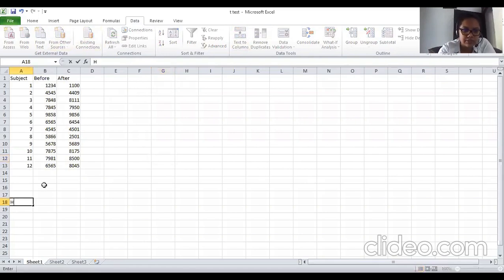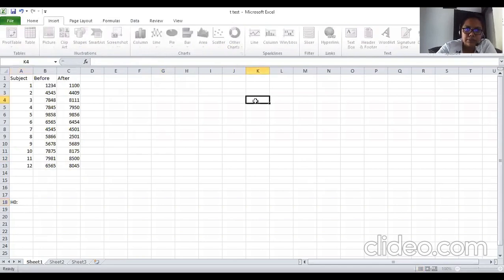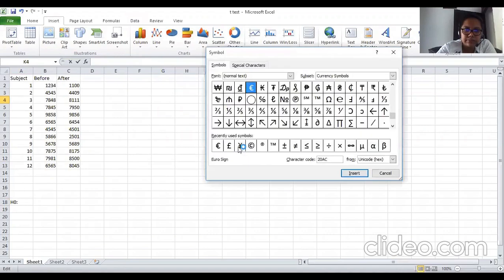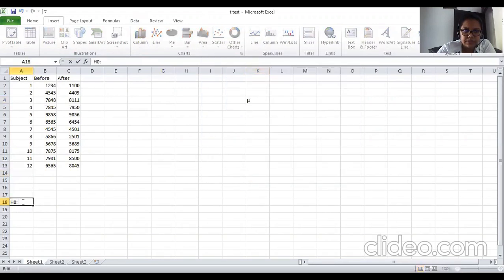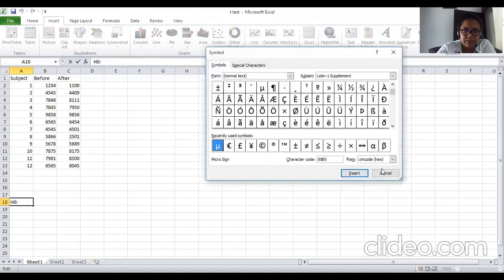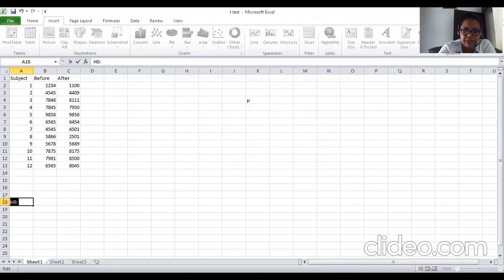H node. Here you need to have the... so let me type the null hypothesis in the presentation slide.